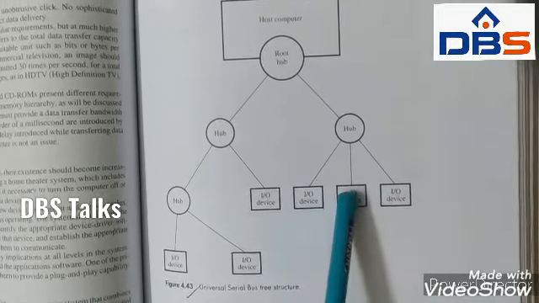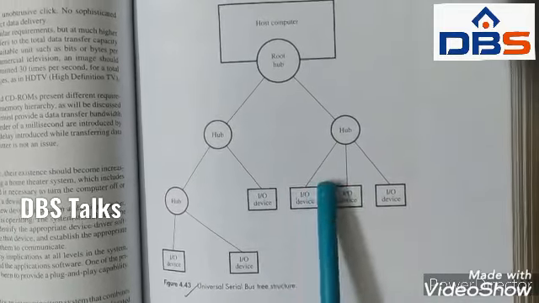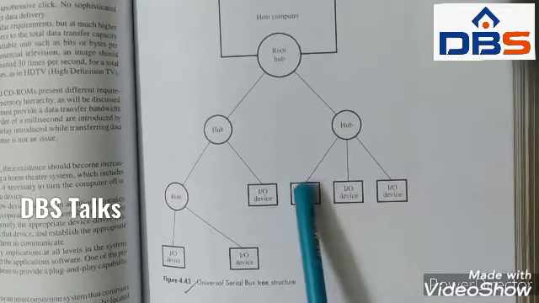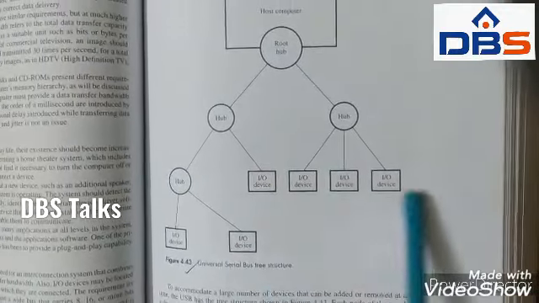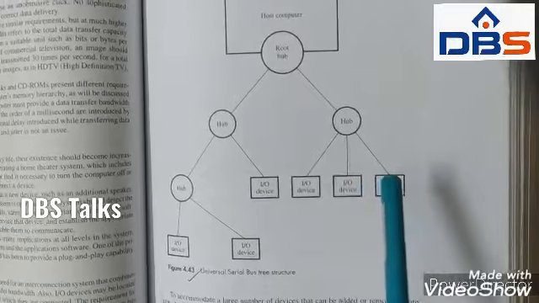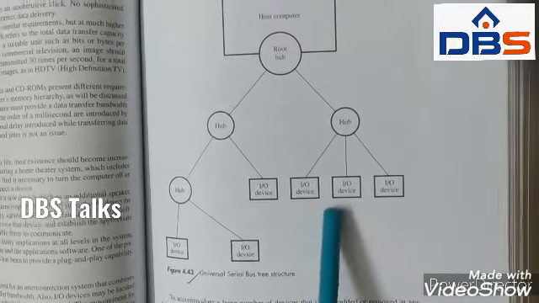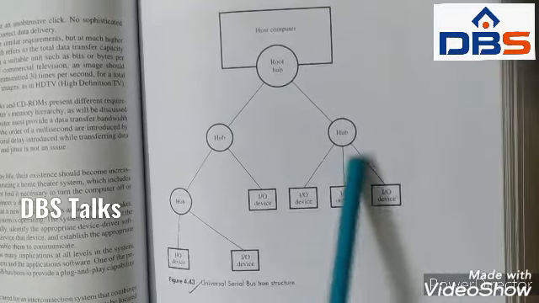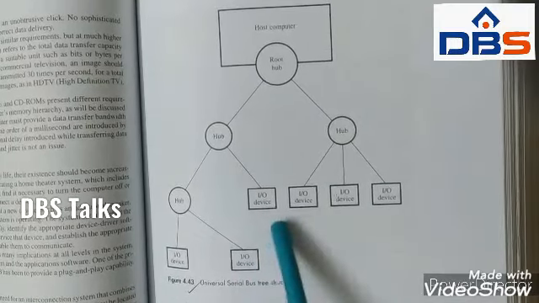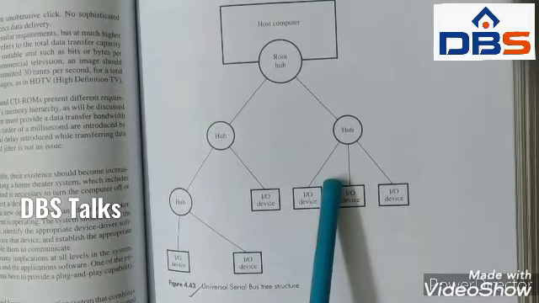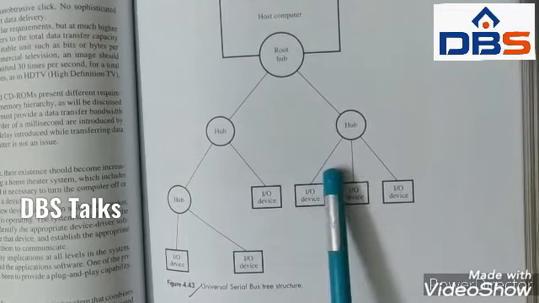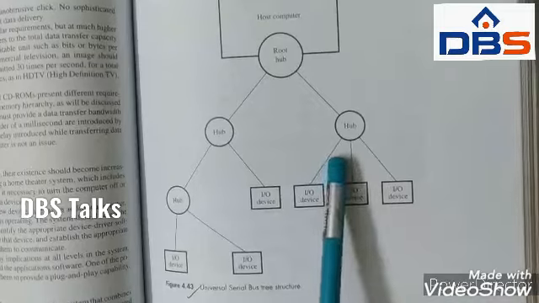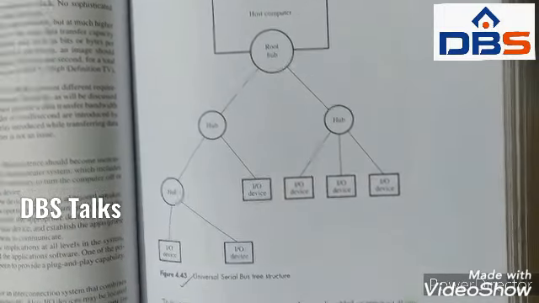It supports different speeds, 1.5 megabits per second as well as 12 megabits per second. It is a serial based bus. It is quickly gaining acceptance and may well become the interconnection method of choice for most computer devices.